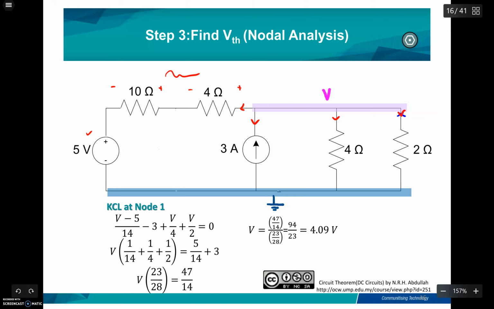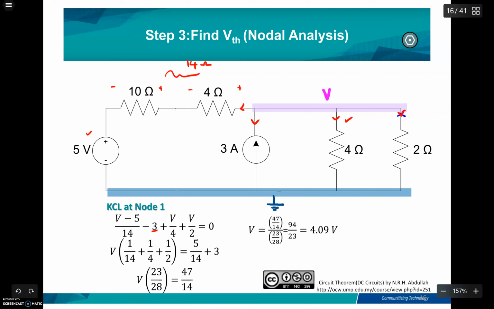For the second branch, you can see that the current is in the opposite direction of our assumption, which is that all the currents exit from the node.